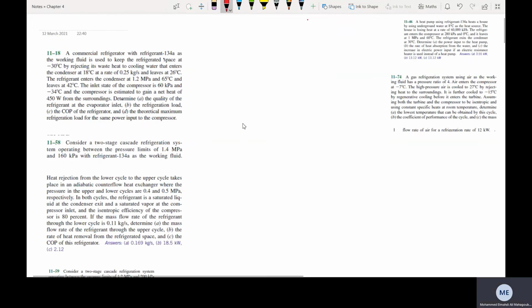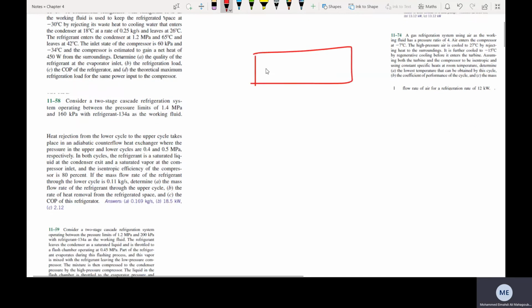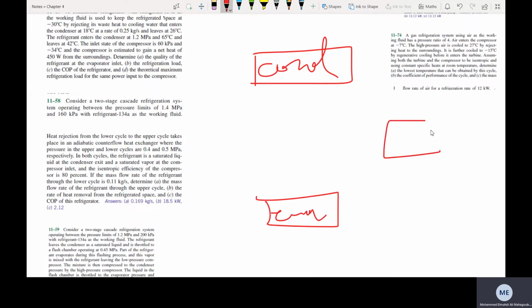Okay, so we have our condenser and evaporator. You understand these things, and here we have our compressor, and here we have our throttling device or expansion valve. No, delete this. Yeah, something like this.